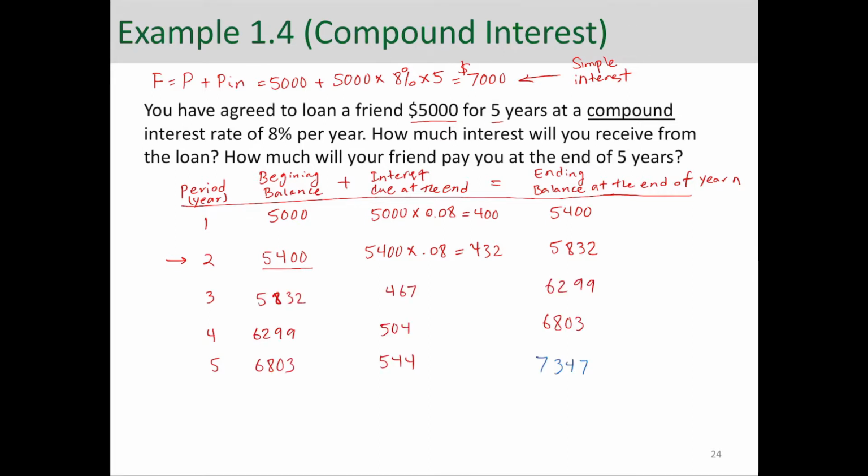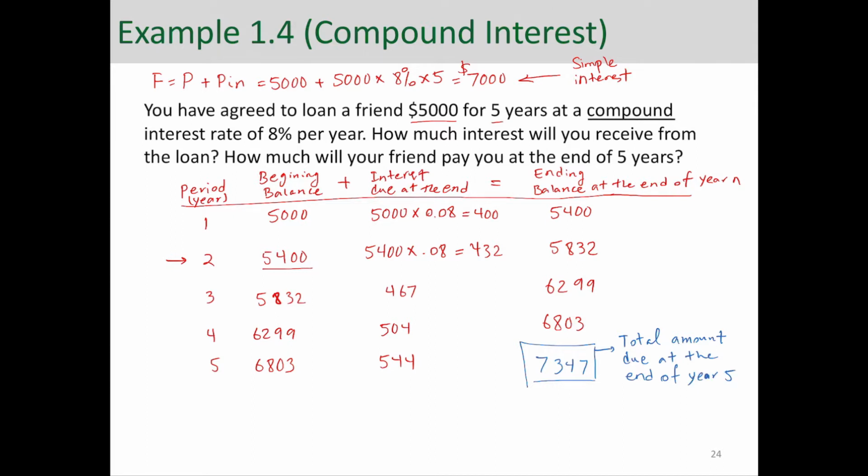And now the total amount due at the end of year 5 is about $7,347. So that is the total amount due at the end of year 5.